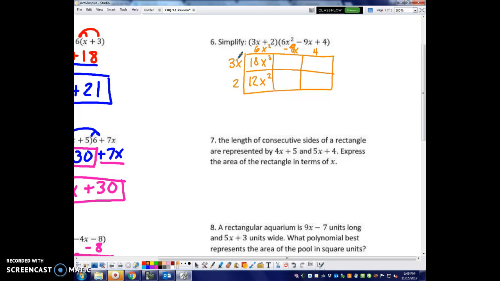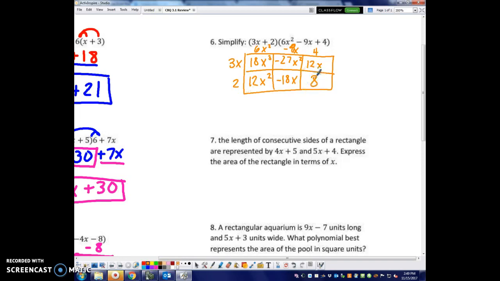Negative 27. And then x times x is x squared. Negative 9 times 2 is negative 18. And then we have 1x. 4 times 3 is 12. And we have 1x. 4 times 2 is 8.